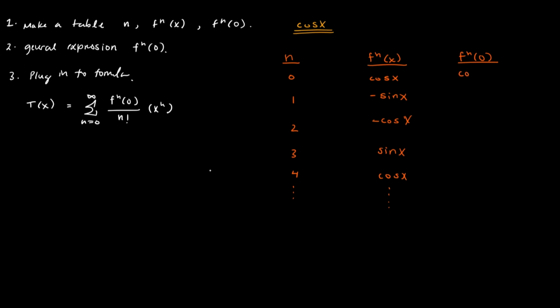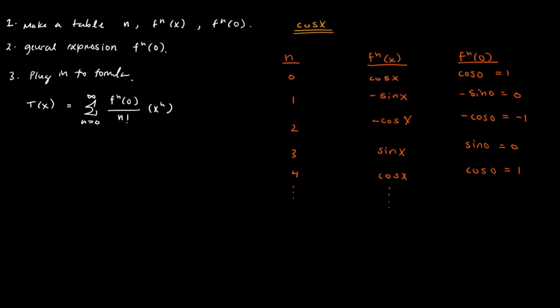So cos 0 is our first term at n equals 0, and that's equal to 1. Then we have negative sine 0. Sine 0 is 0, and negative 0 is just 0, so this is equal to 0. Then we have negative cos 0. Cos 0 is 1, and negative 1 is our answer for this one. Then we have sine 0, which again equals 0. Then we have cos 0, which is equal to 1.